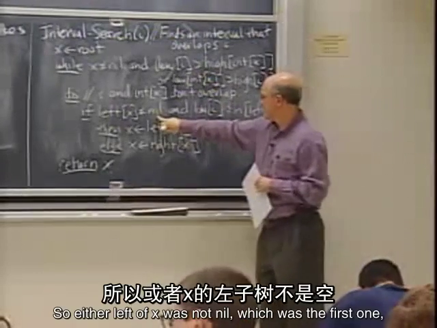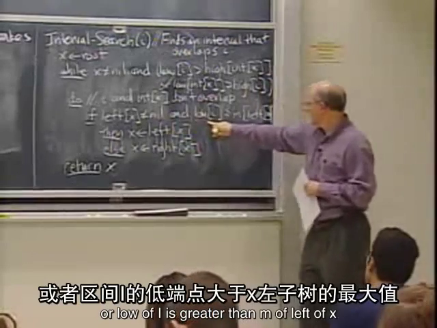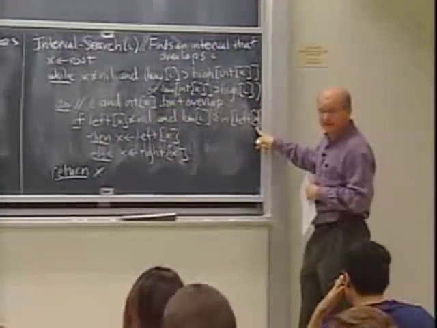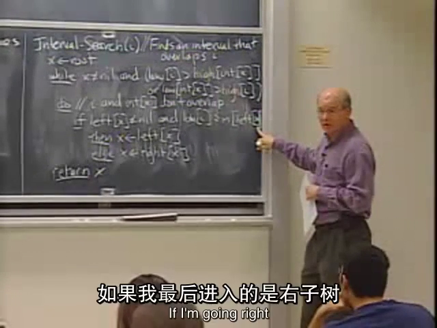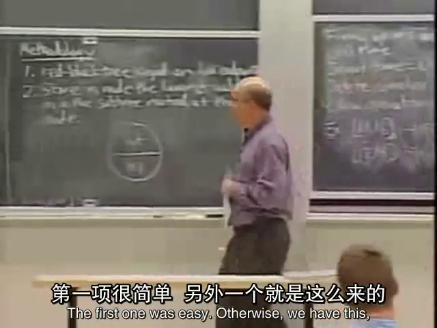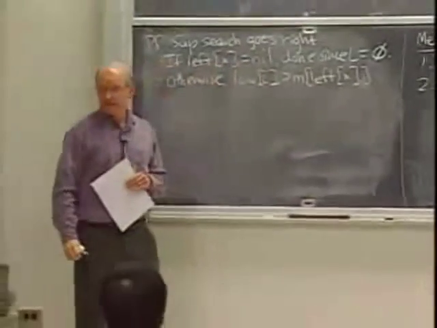So either left of x was nil, which was the first one, or low of I is greater than m of left of x, if I'm going right. One of those two had to be true. The first one was easy. Otherwise, we have low of I greater than m of left of x.